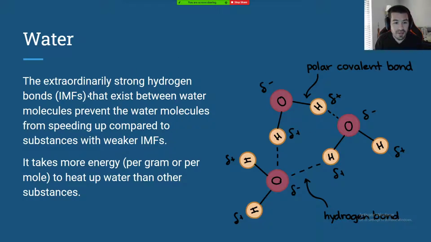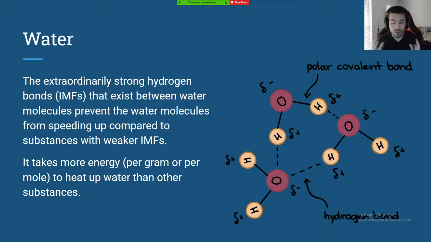So, it is the extraordinarily strong hydrogen bonds, the intermolecular forces that exist between the water molecules, that prevent the water molecules from speeding up compared to substances with weaker intermolecular forces. It takes more energy per gram or per mole to heat up water than other substances.